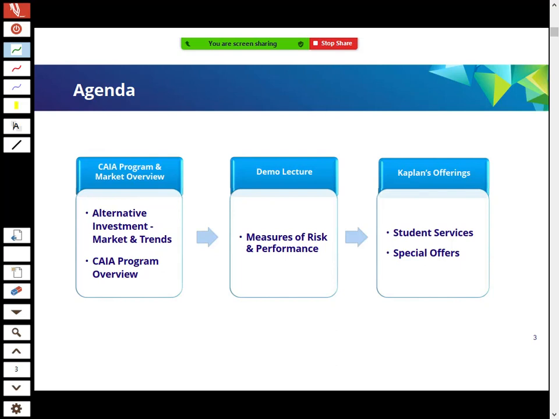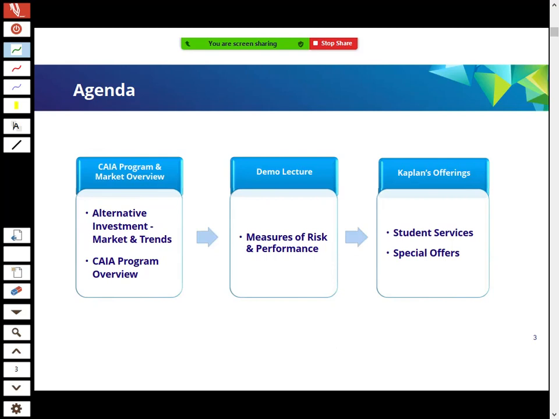And then we look at the CAIA examinations, what they require, what exactly is included in the curriculum, the syllabus, and what we think is the way to tackle the examinations effectively.